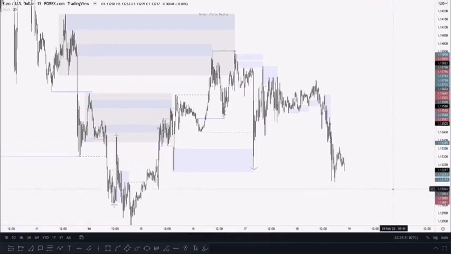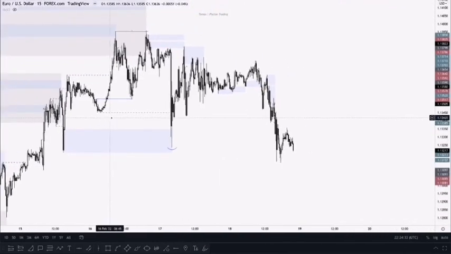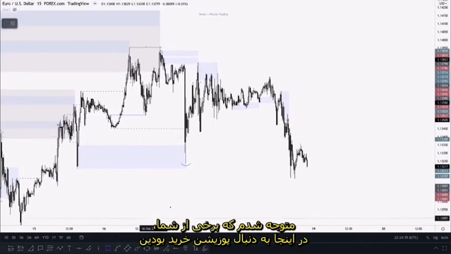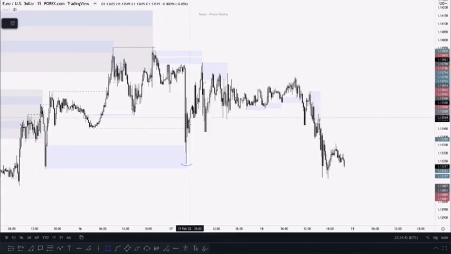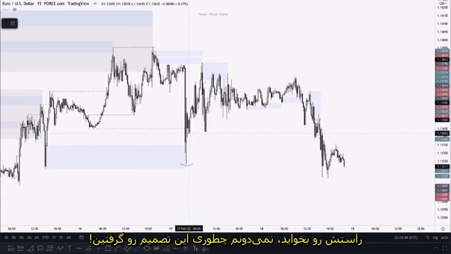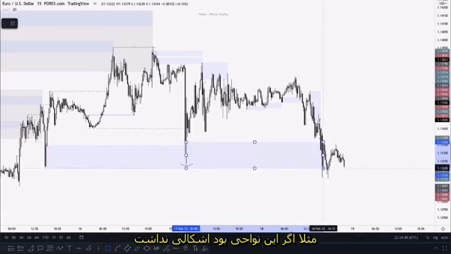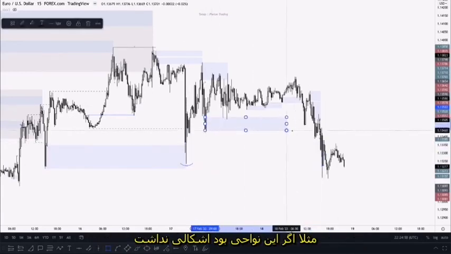For example, I noticed a few of you were looking for buys here, right? I don't know what you saw, to be honest. I don't know if it's this demand or something like here.